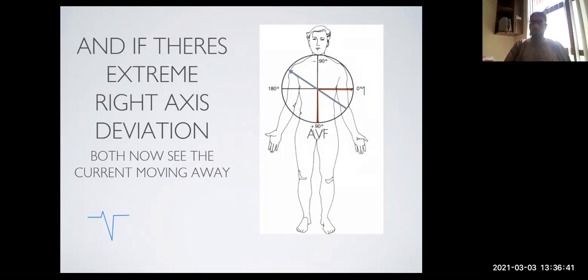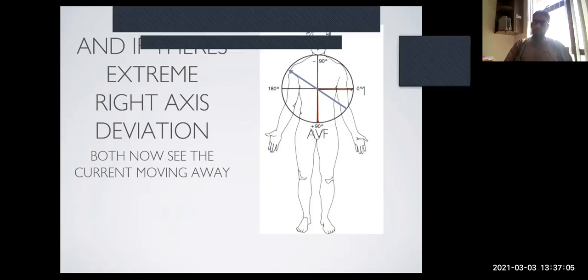And what about lead 1? Lead 1 is seeing it from the other side. For a little while, electricity is coming towards him, and then it also shoots off far away from him. So he sees electricity in a similar pattern. He sees it like that, and then it goes away from him, and then it kind of returns back to normal. So in other words, it's the complete opposite of a normal axis. They both point downwards, all right? So I hope that makes sense.